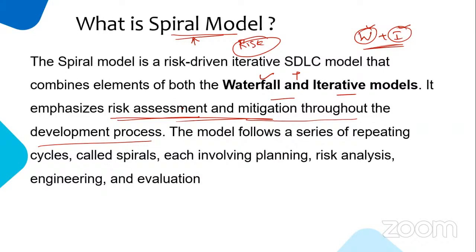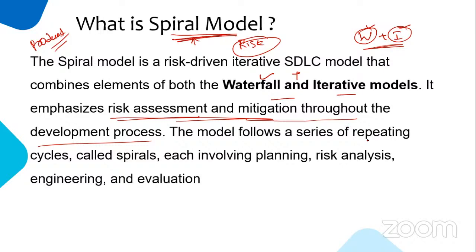Possibilities are there, which is having too much risk. Mostly product-based companies, remember product-based companies, will follow the spiral model. So if you're going to apply for a job at a product-based company, you should have a better understanding of the spiral model. Keep that point in mind.